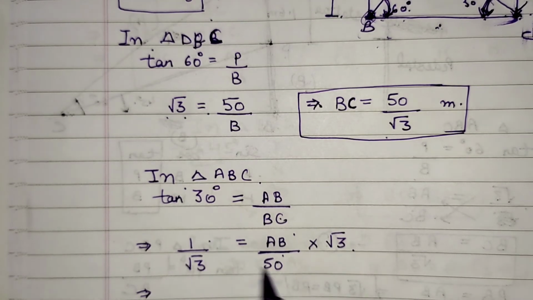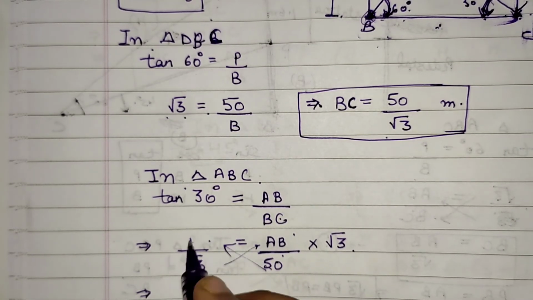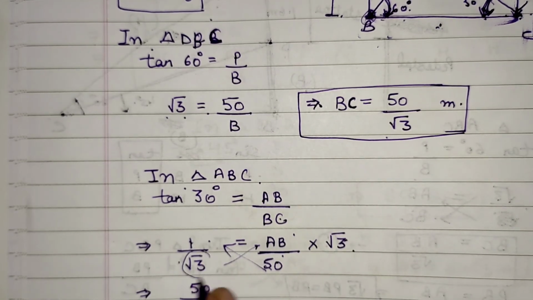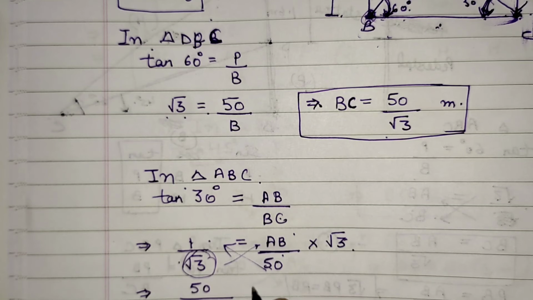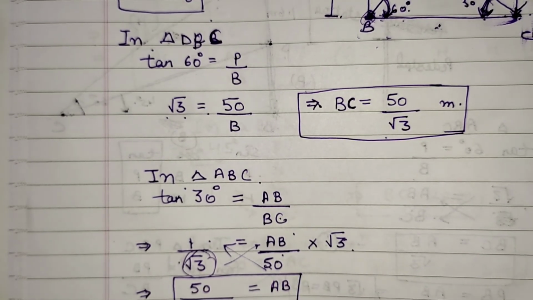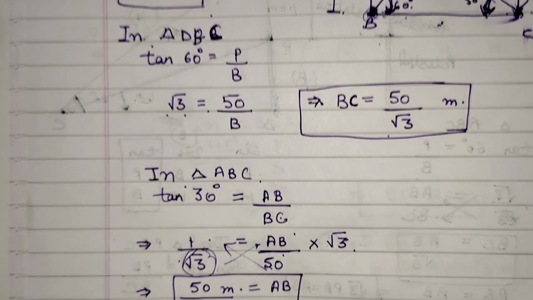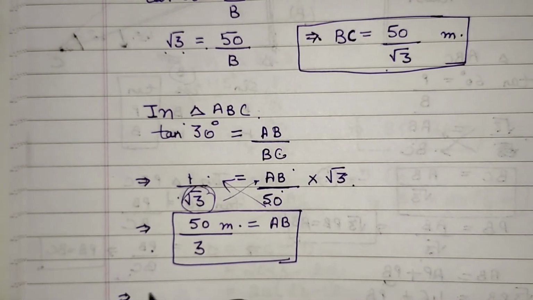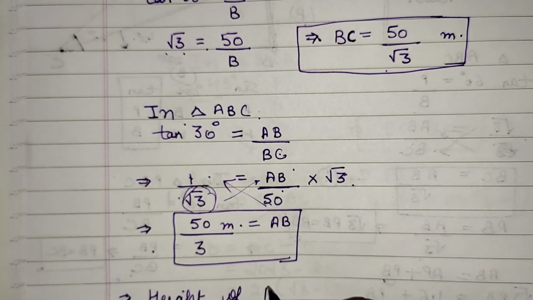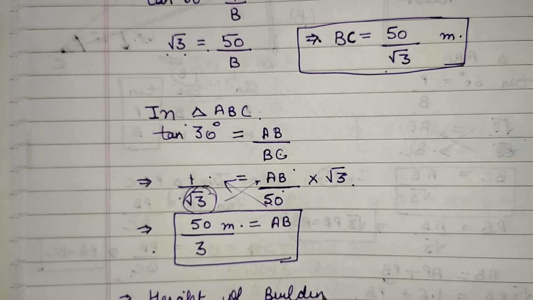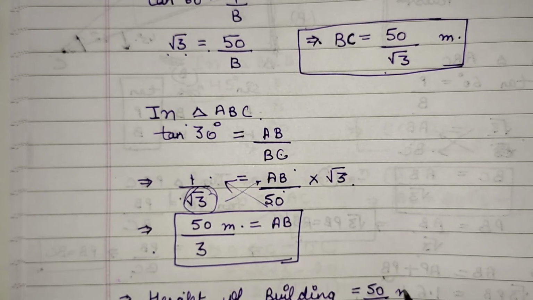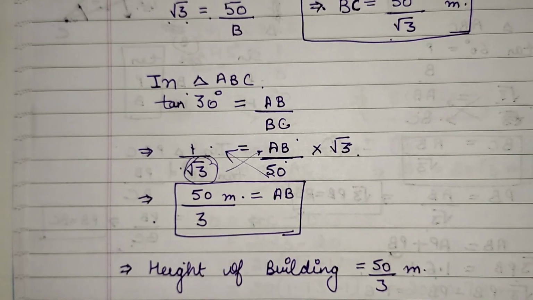If I do cross multiplication, 50 will come to this side and root 3 will be multiplied by this root 3, so root 3 times root 3 is 3. So AB is equal to 50 by 3 meter. So I can write my answer as: height of the building is equal to 50 by 3 meter.